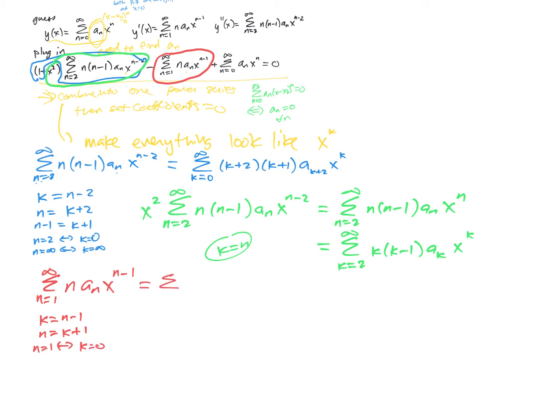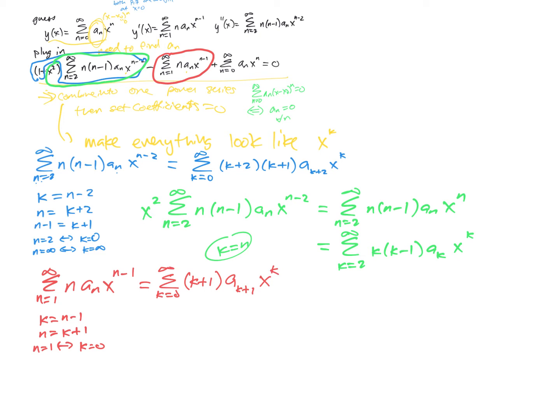So this sum is going to equal the sum from k equals 0 to infinity of k plus 1, a k plus 1, x to the k.